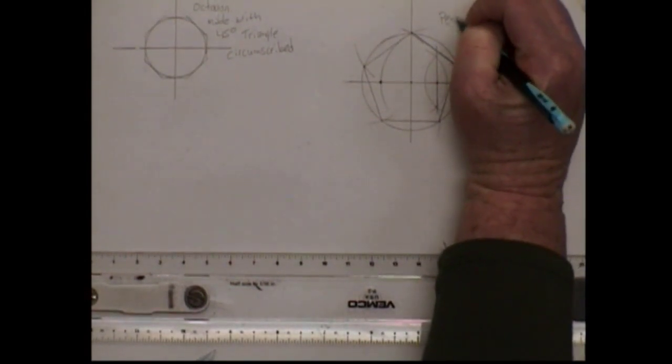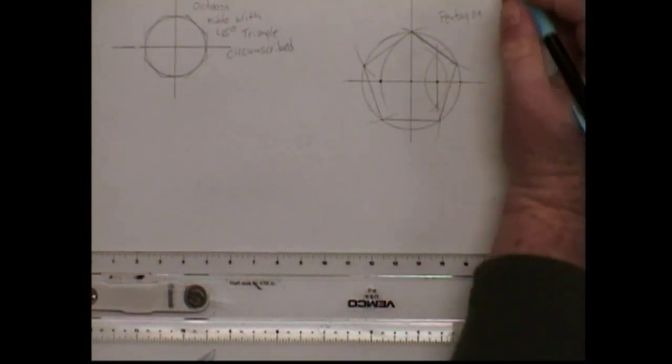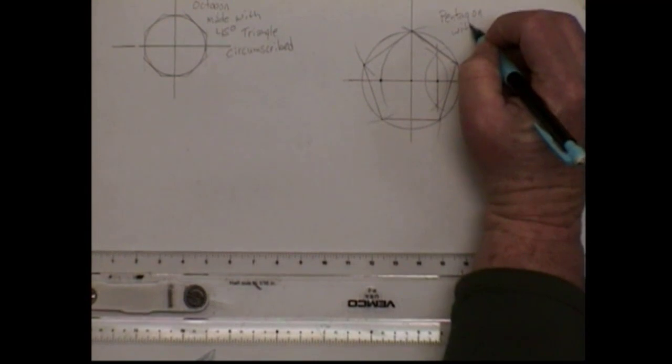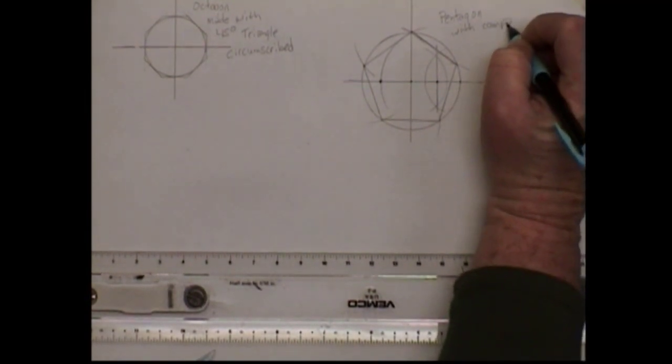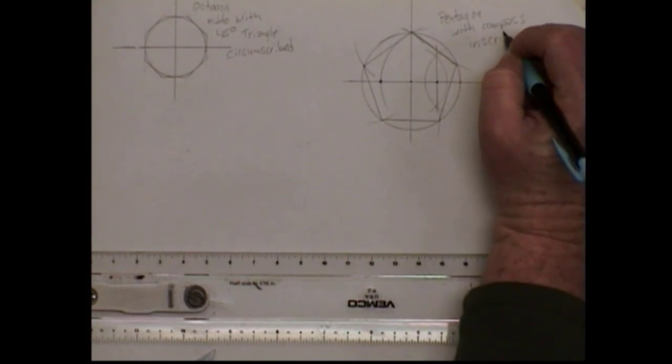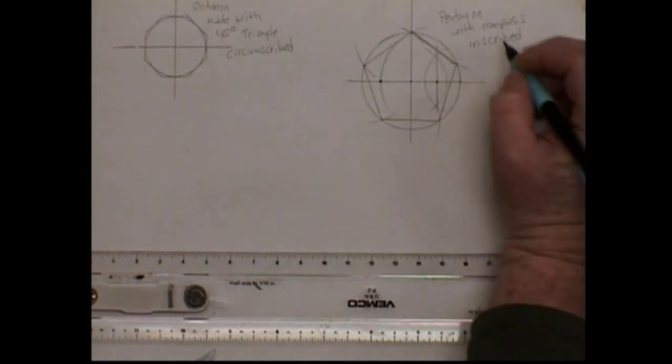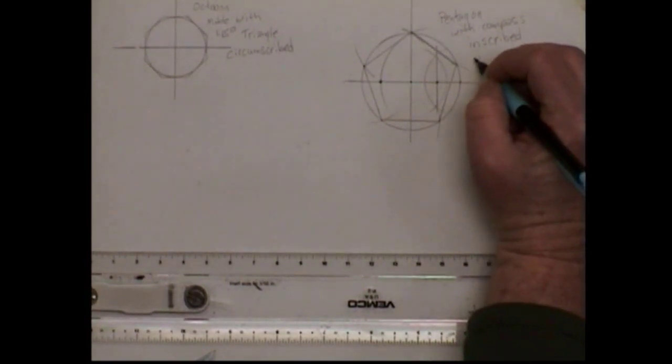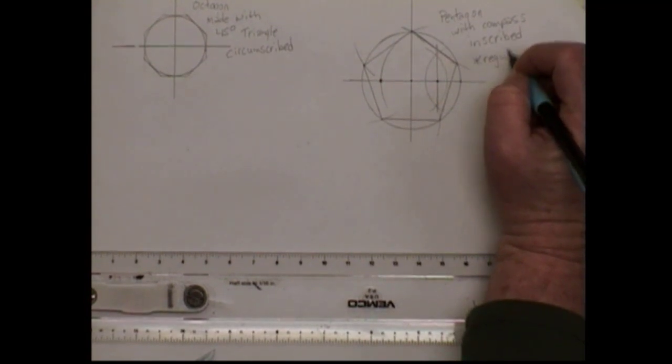So we made a pentagon with our compass, and it was inscribed. And just a little note that it is a regular polygon.